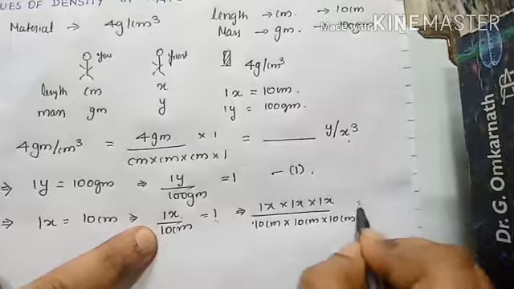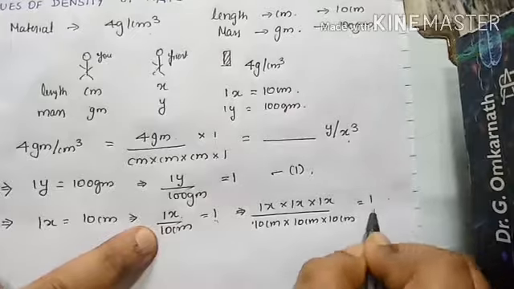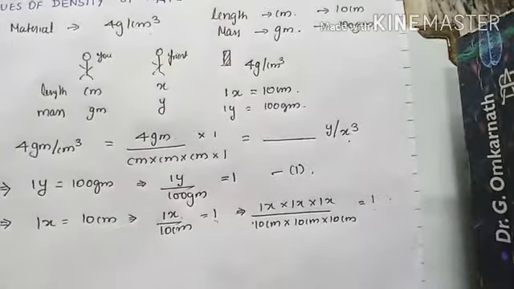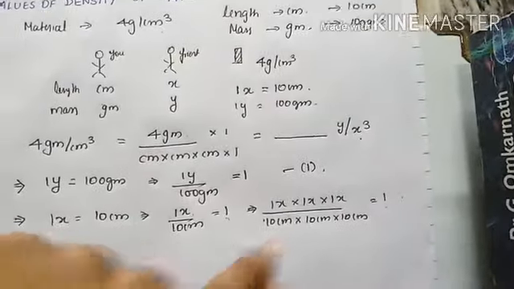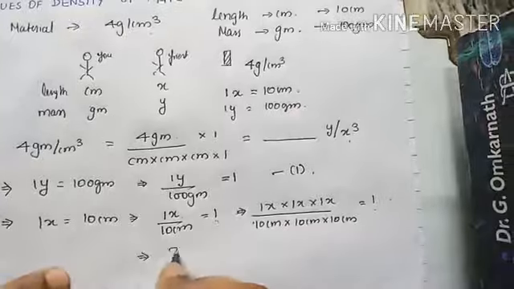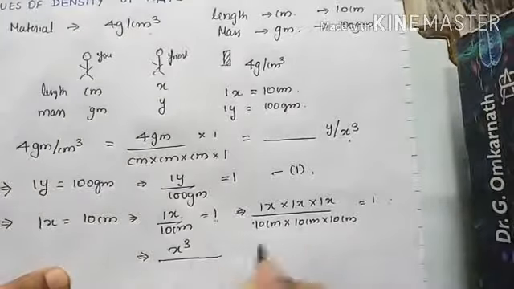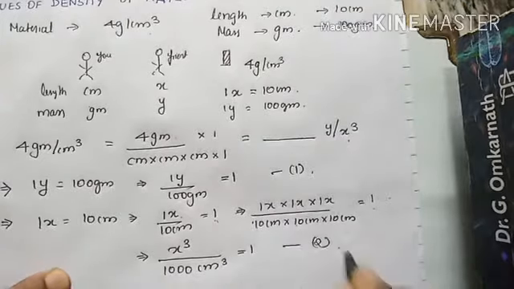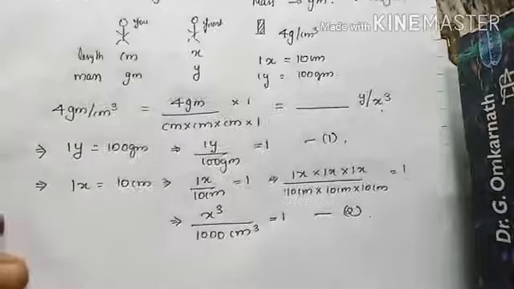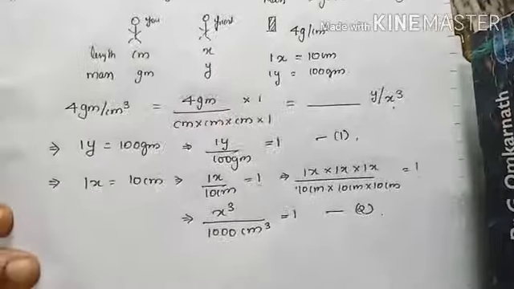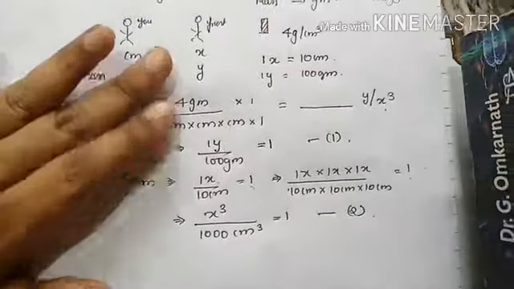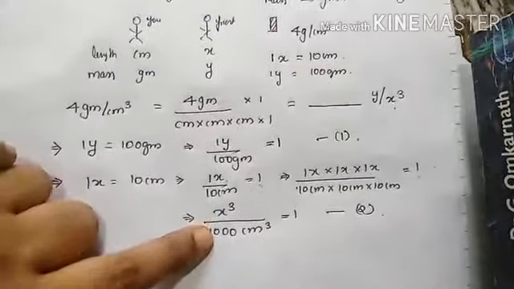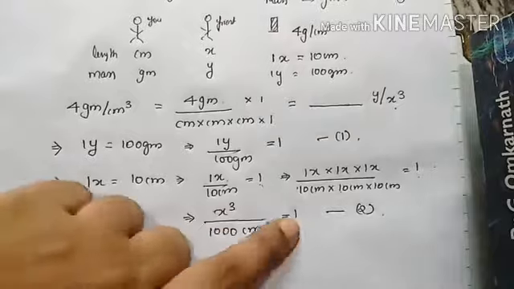On the RHS, 1 into 1 into 1 is 1. So this term is x cube divided by 10 into 10 into 10, which is 1000 centimeter cube, and that is equal to 1. Let's take it as number 2. So x cube by 1000 centimeter cube is 1.